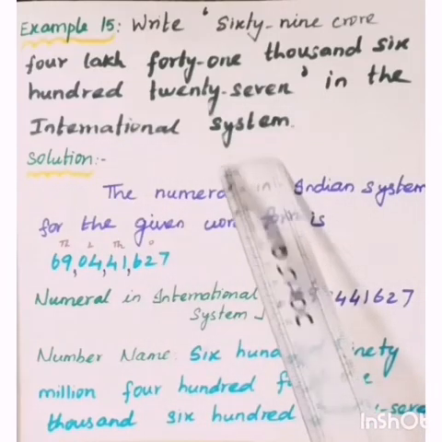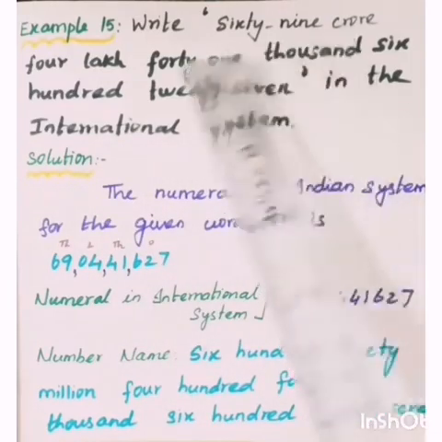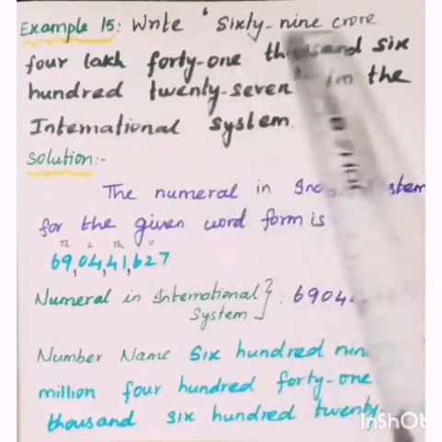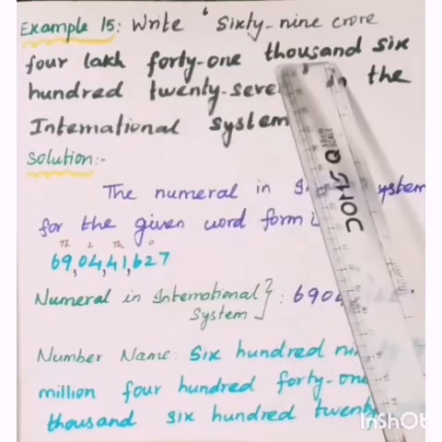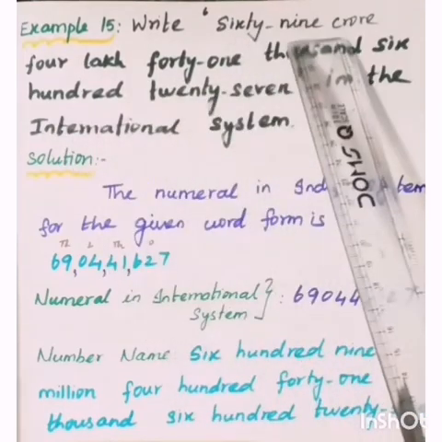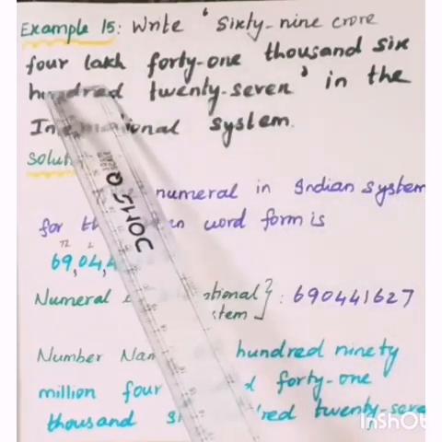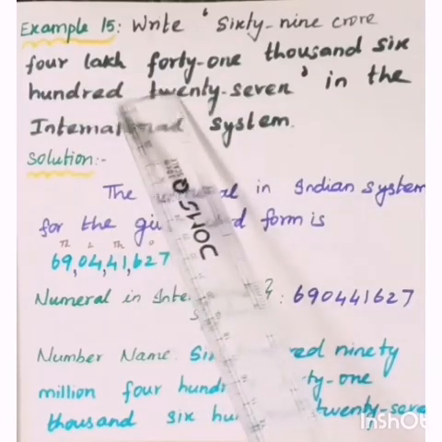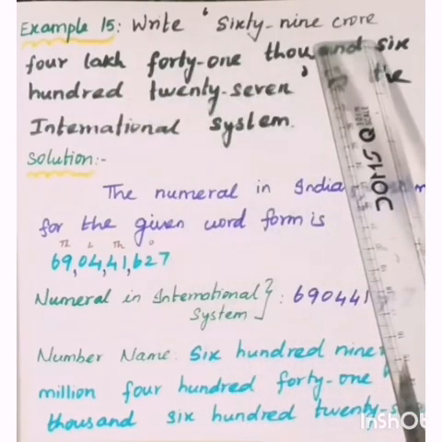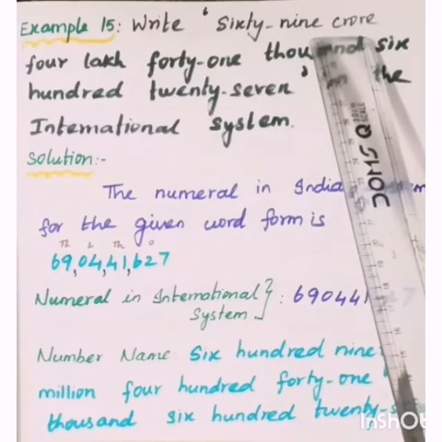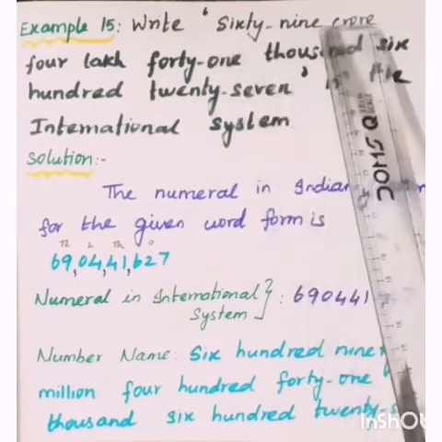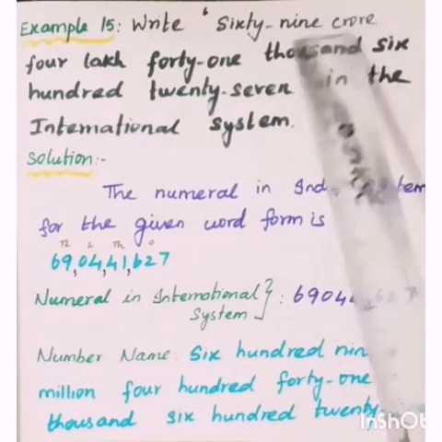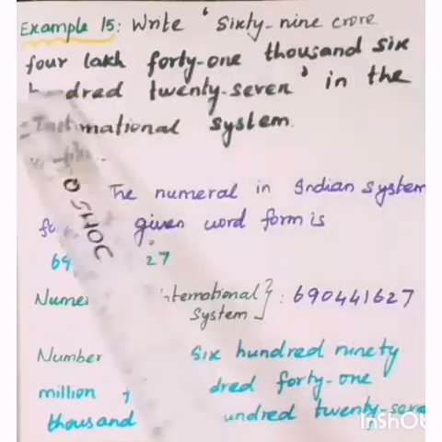What do they ask? Look at this crore, lakh. When you have the word form with crore, lakh, thousand like this, if there is crore, lakh, it is the Indian system. If there is million or billion, then it is the international place value system. Here the word form is in Indian system because there is crore, lakhs.